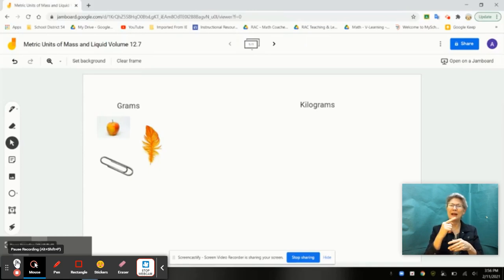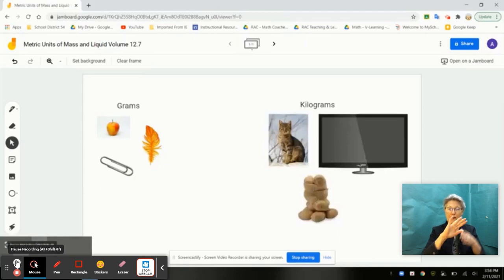What about kilograms? What are some objects in the real world that you think of when you think of the weight of a kilogram? Good ideas. I think of a cat, a television, and a bag of potatoes.